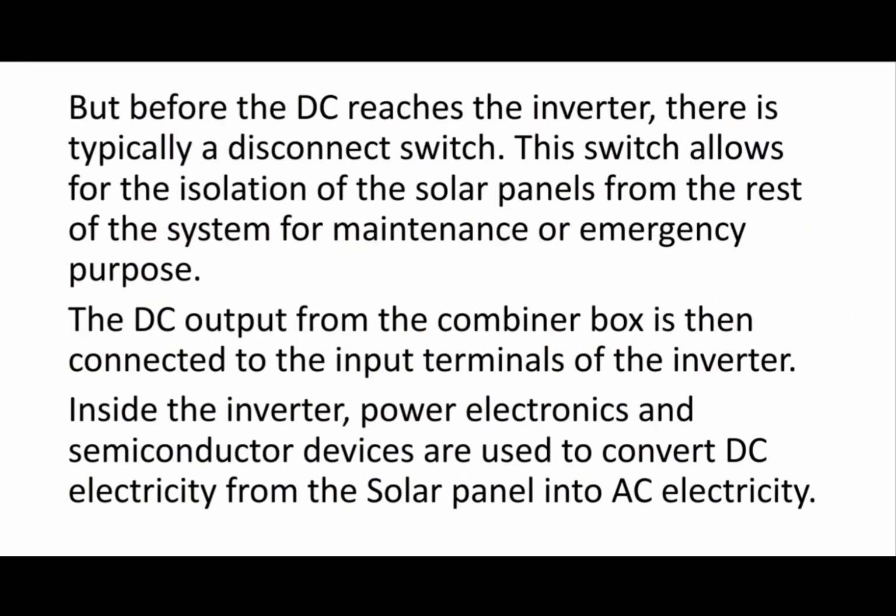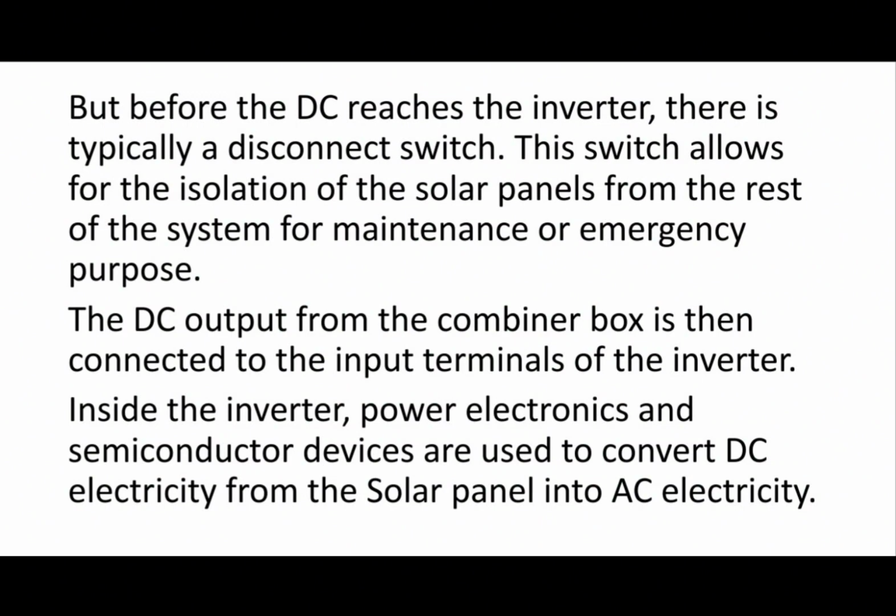Before the DC reaches the inverter, there is typically a disconnect switch. This switch allows for the isolation of the solar panels from the rest of the system for maintenance and emergency purposes. The DC outlet from the combiner box is then connected to the input terminal of the inverter.